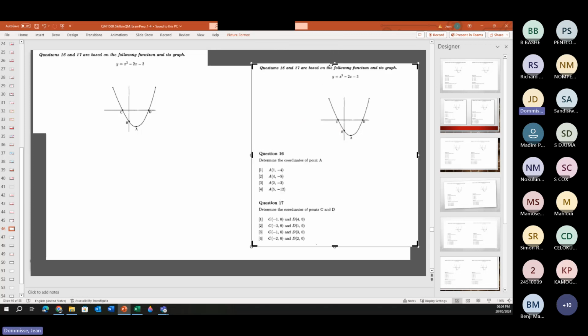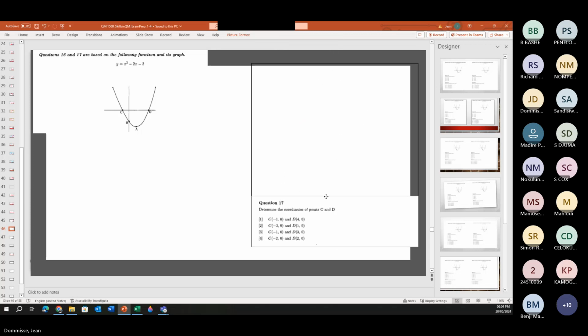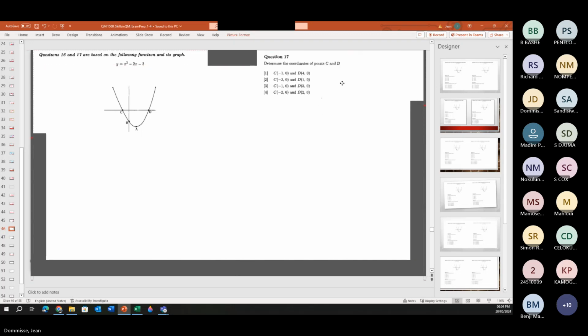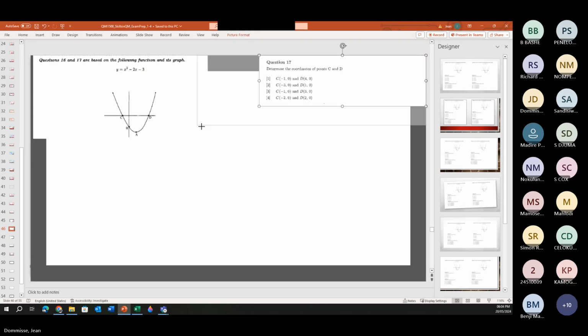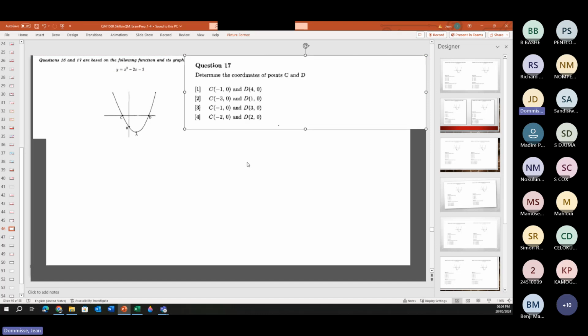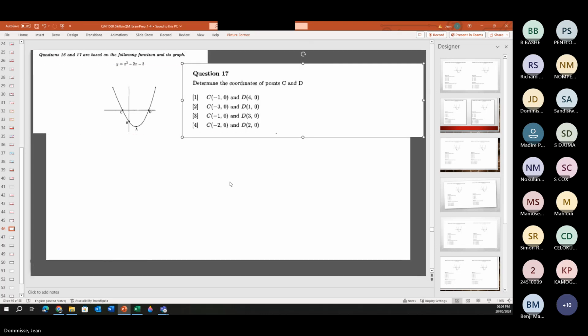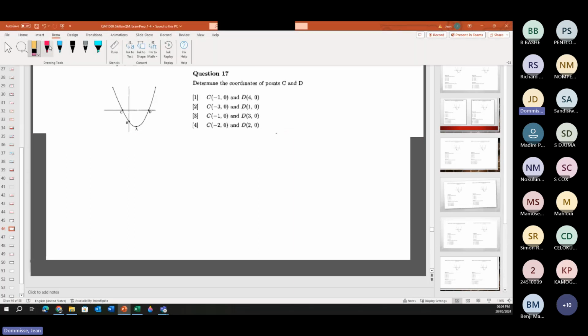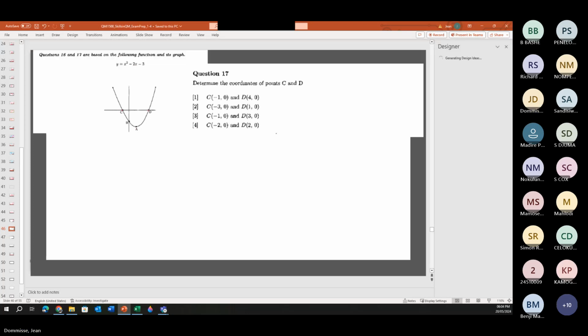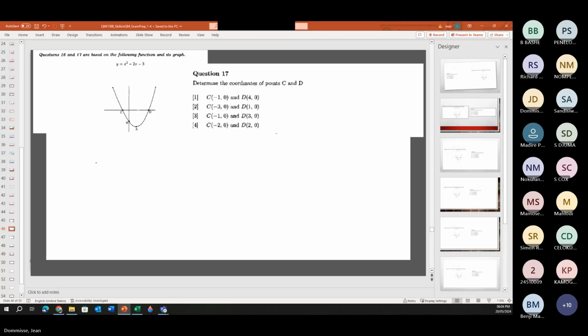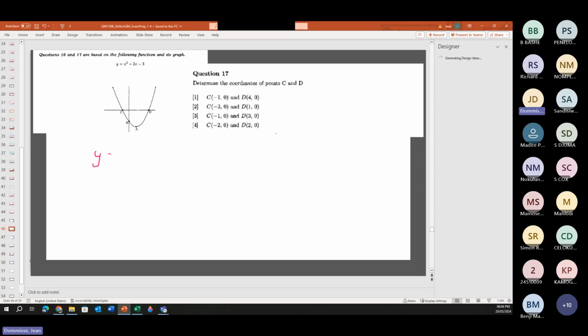Determine the coordinates of point C and D.